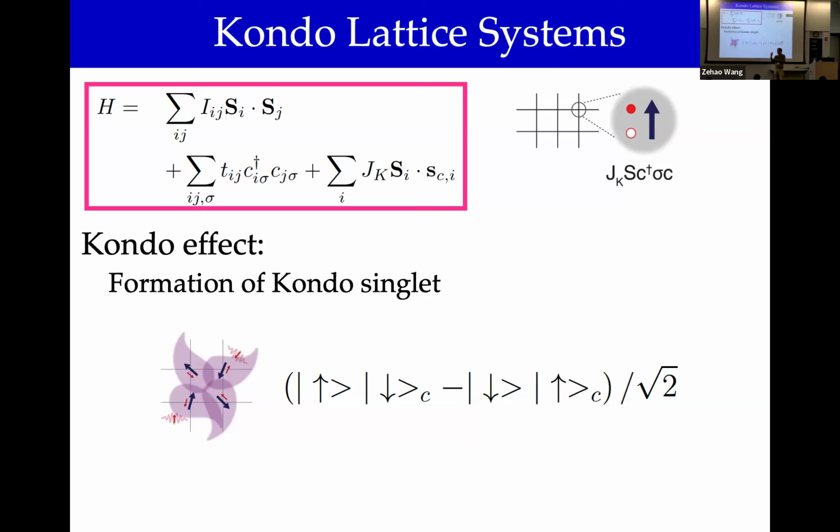Placing the f orbitals in a crystal environment splits the 14 orbitals into bunches. In a typical environment, it turns out that it's a Kramers doublet which lies within the lowest energy sector. One doesn't want to think about levels which are high compared to the energy scales that you deal with. And so that doublet acts as our spin.